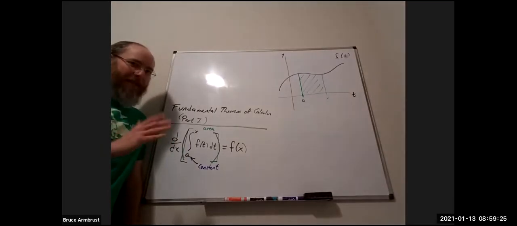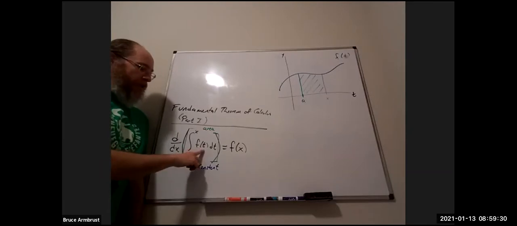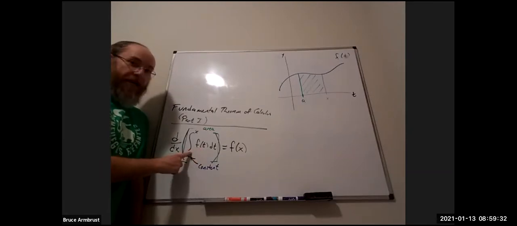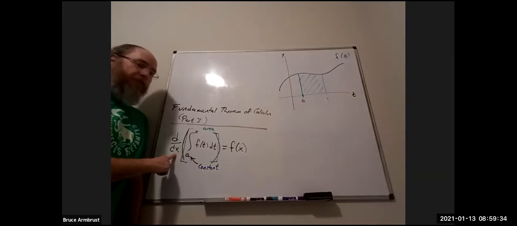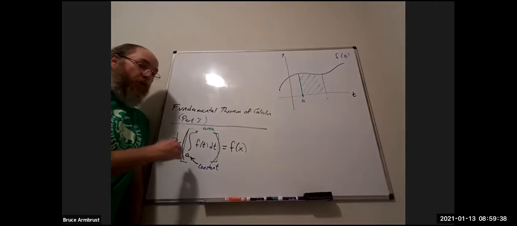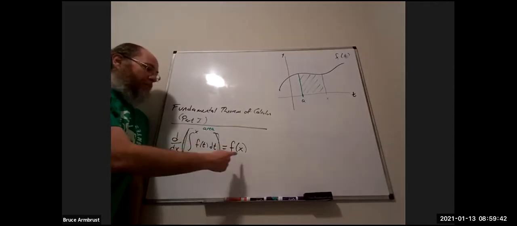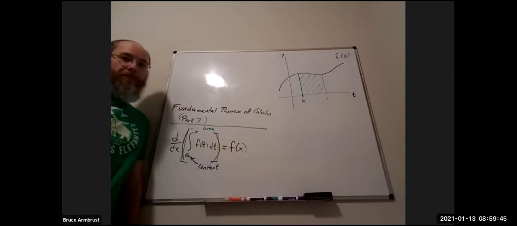But let me really lay it out for you. So check out what happens here. We're taking a function, we're integrating it, then we're differentiating it. So when we do that in order, when we integrate and then differentiate, we get back to what we started.